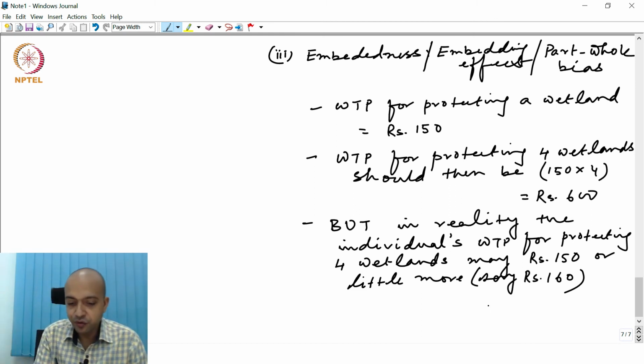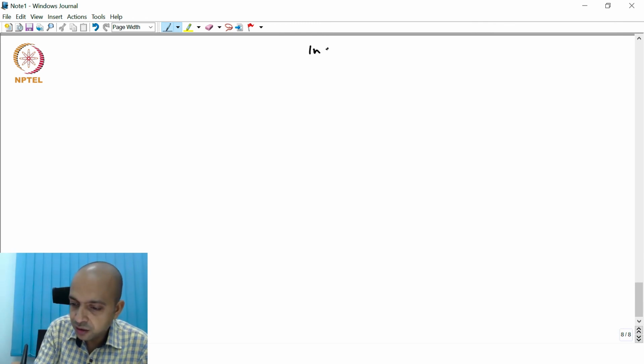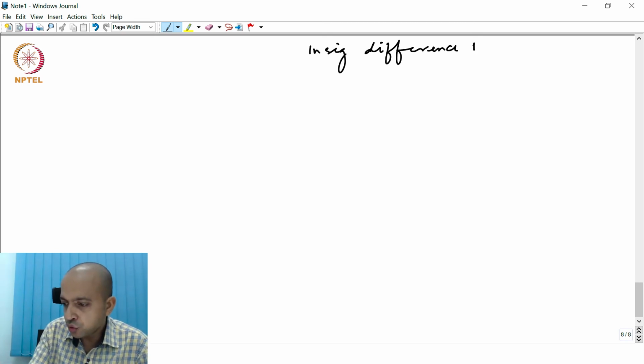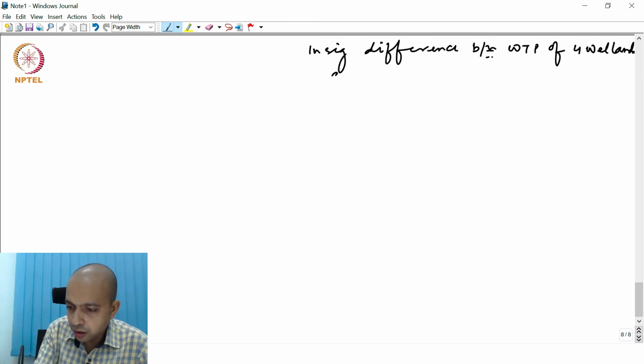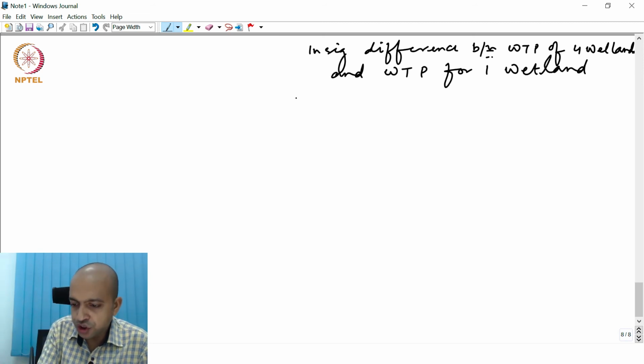So that means an insignificant difference between the WTP of 4 wetlands and the WTP for 1 wetland, which implies more is not better.